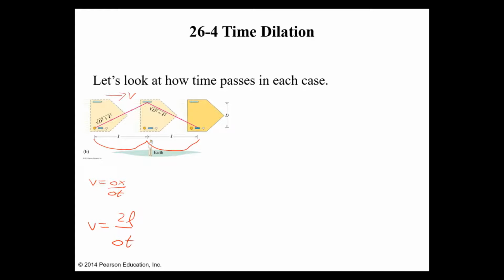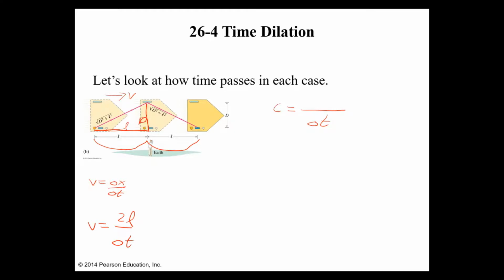The other thing we need to consider is the speed of the light itself. So the speed of light will be distance over time. And time is the same as what we just saw, but the distance is now different because now it has to travel this path right here. How do we calculate that path? Well, we create a right triangle, this leg is distance L, this leg is distance d.